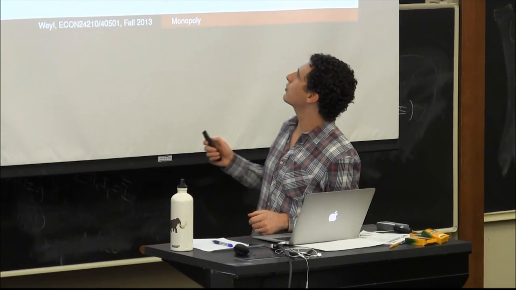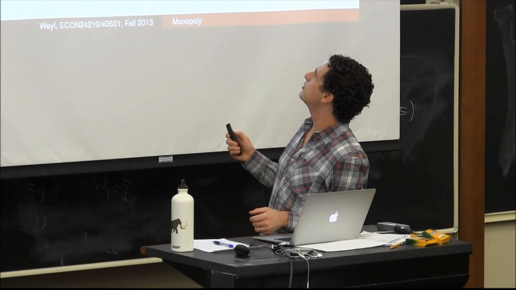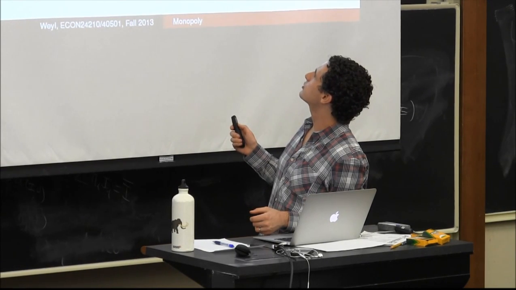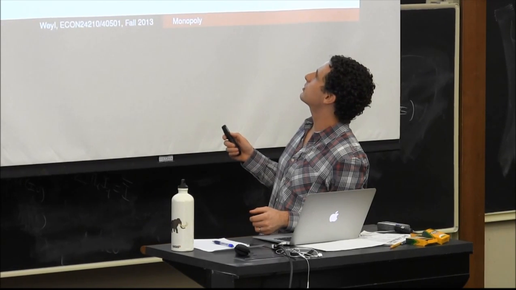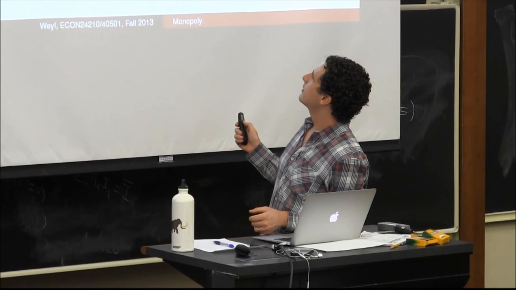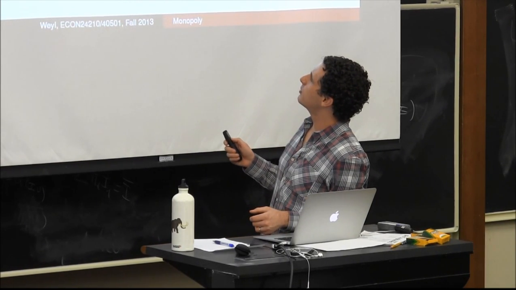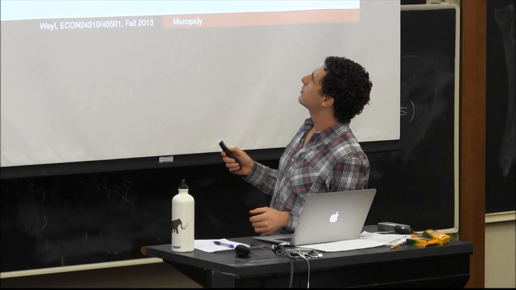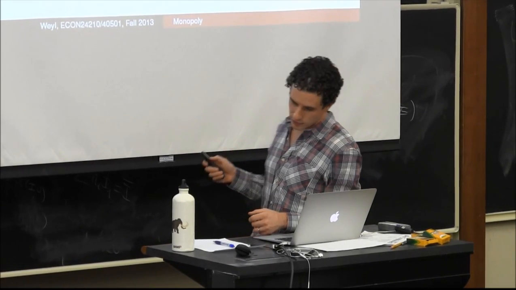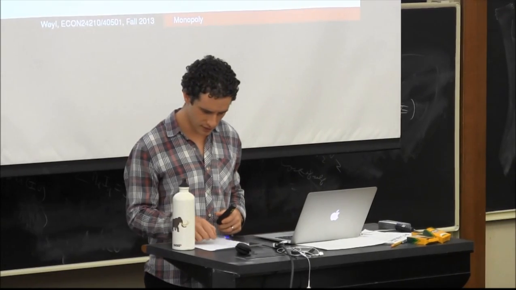So then the profits that the firm will make are just the price minus cost times Q minus Q tilde. Sorry about that. Then the first order condition for the firm is going to be price plus P prime times Q minus Q tilde equals the marginal cost.